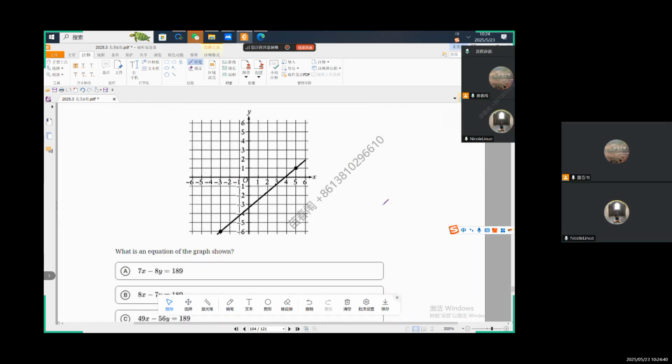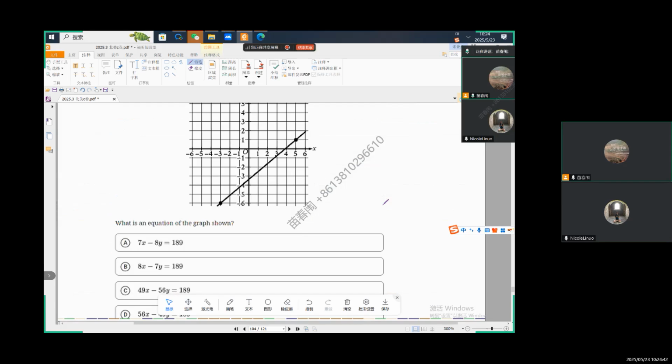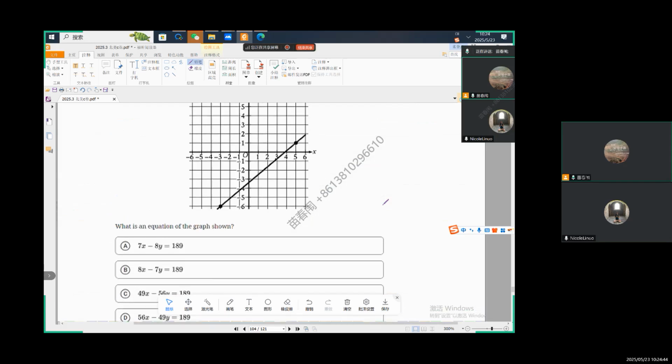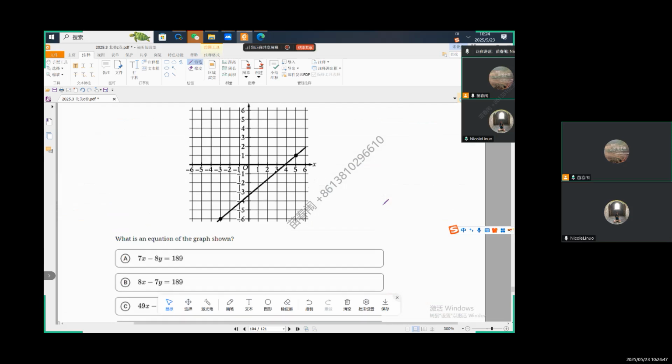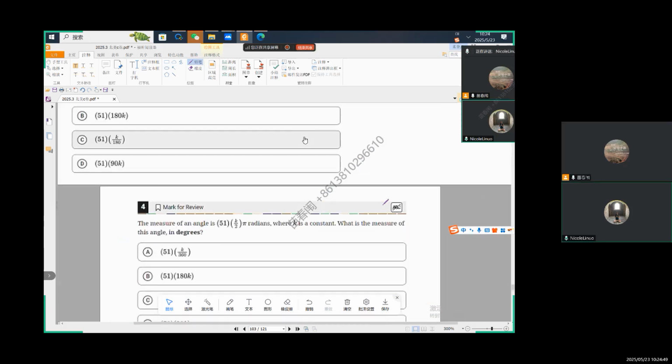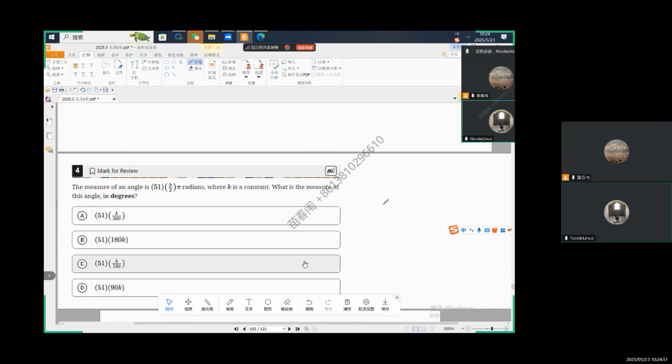Well, this also qualifies for geometry. What is the equation of the graph? Okay, this one, I'm okay. 4. So I just have to convert it, right?